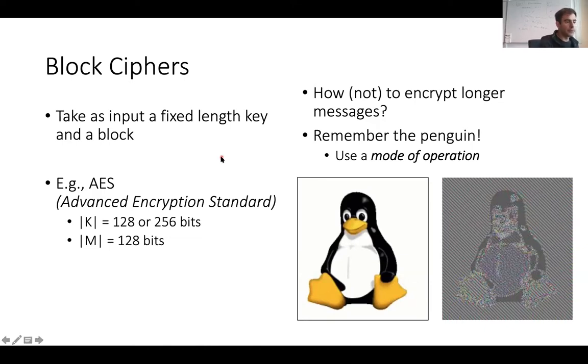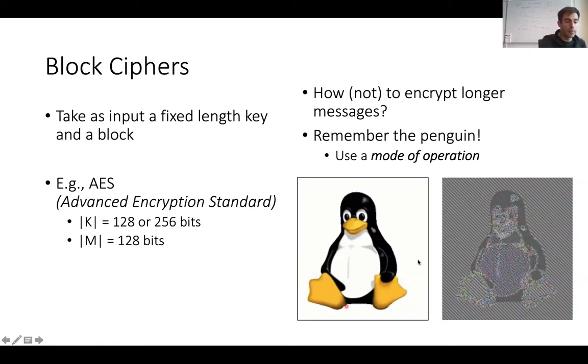When you use block ciphers, you have, again, the problem of the penguin. What is the problem of the penguin? The problem is that if you encrypt the same block multiple times, you will get the same ciphertext multiple times. If you encrypt the same block with the same key, you will get the same ciphertext.